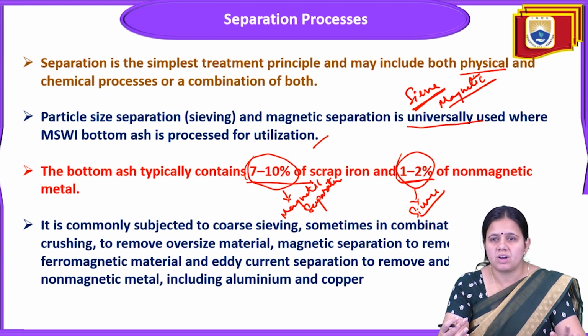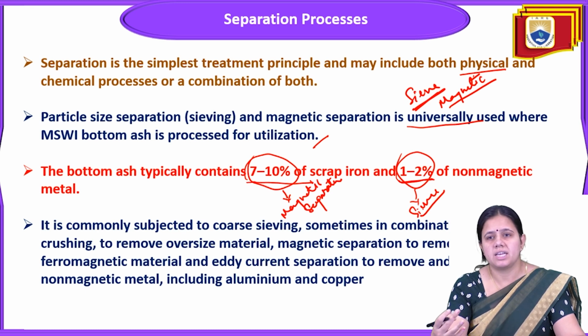There are fine sieves and coarse sieves. In combination with crushing, the oversized particles are removed. After that comes magnetic separation, and eddy current separation is used to remove and recover the non-magnetic material.